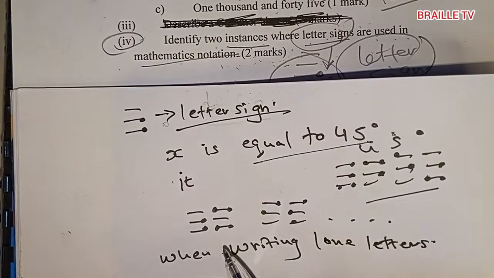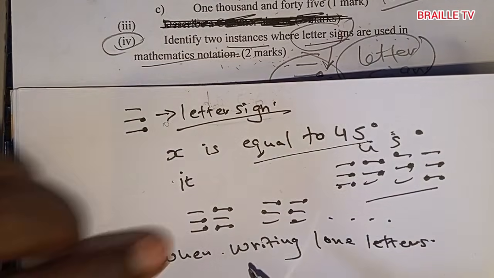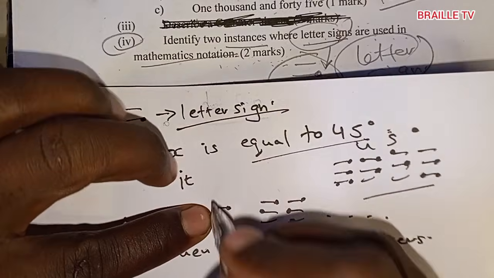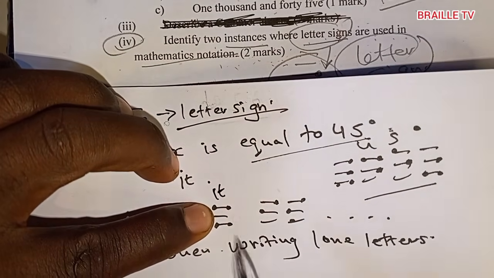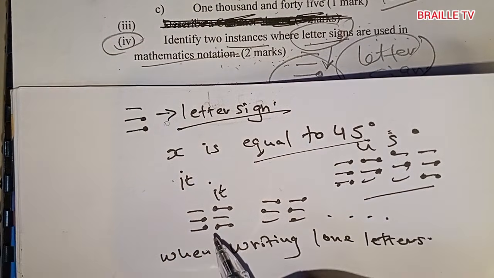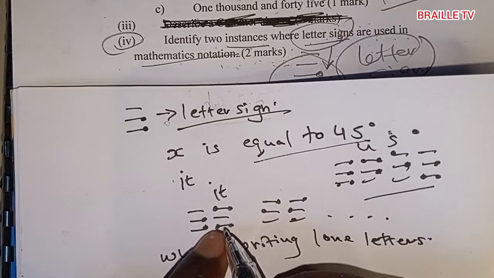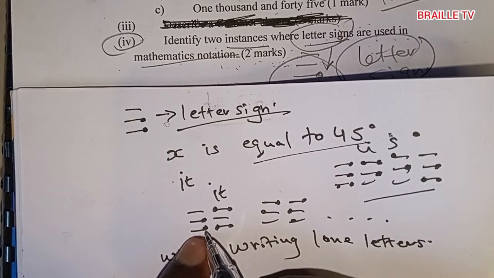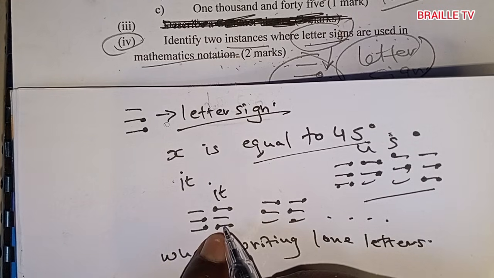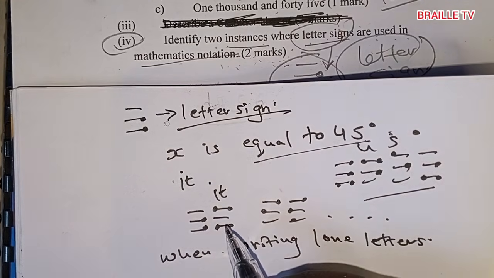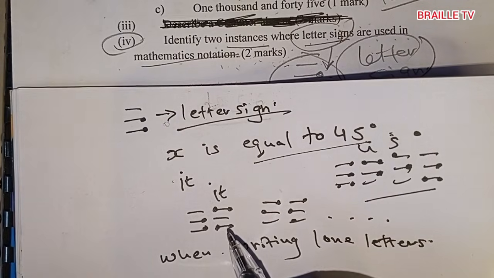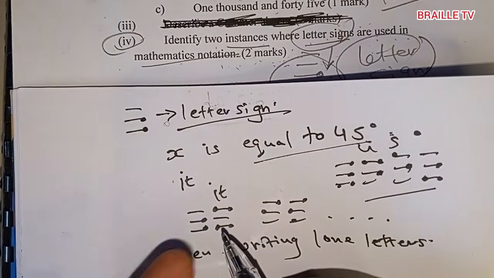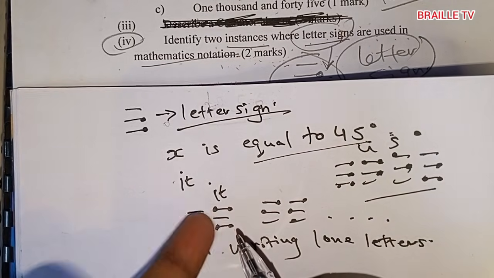You want to show that this one is a letter but not a contraction. If you don't put this letter sign, let me hide it, it will be it. But when you introduce this letter sign, somebody reading will know, oh, this one is not a contraction. It's because it has got this letter sign. Now it means this one is a letter. You know, the work of a letter sign is to show that the letter is the letter, not a contraction. Are you together? I'm telling you, X alone is a contraction, it means it.